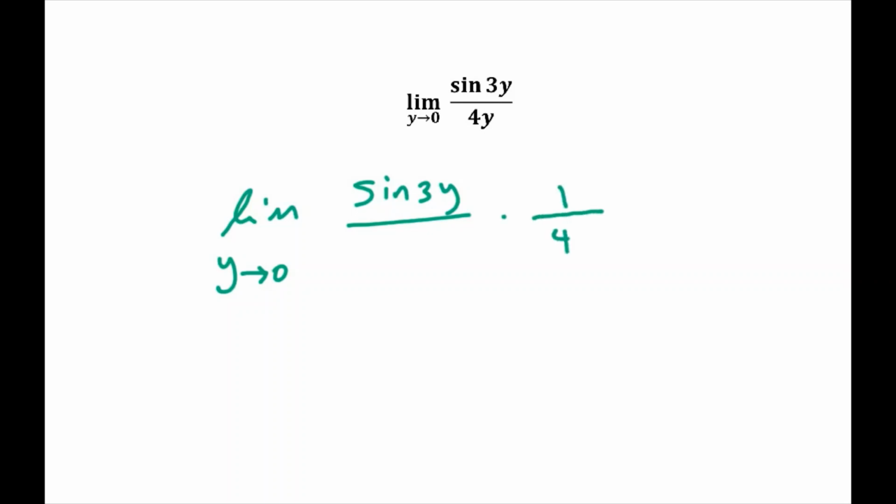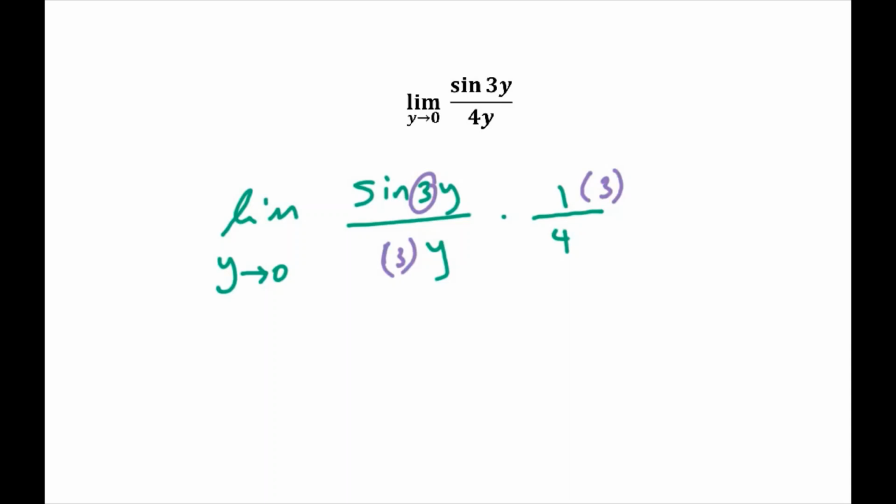Here, it's going to be the limit as y approaches 0 of sine 3y multiplied by 1 over 4. I need the y here. Also missing 3, I need 3 here. And once you add 3 down, you also need to multiply the numerator by 3 so they cross out each other, and you did not change the original function.